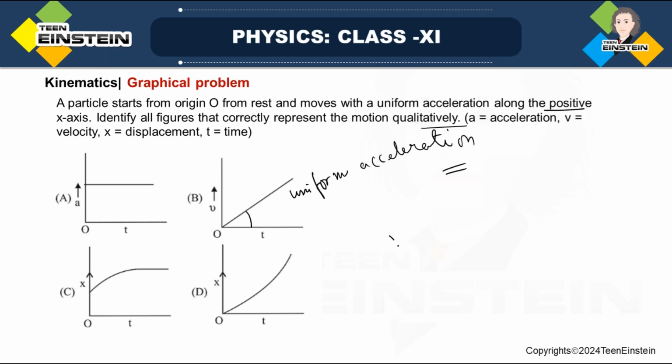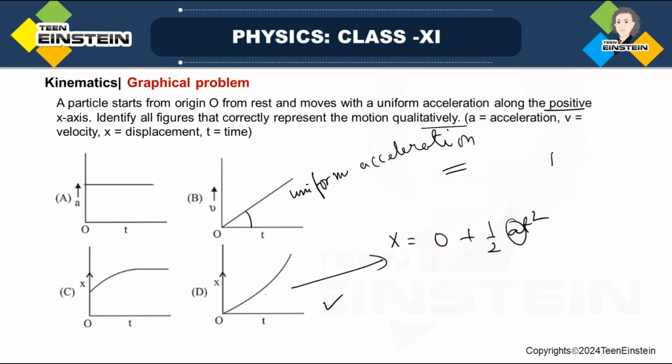Now the x-t curve, we know, starts from rest and origin, so x is equal to 0 plus half a t square. This is also showing constant acceleration or uniform acceleration. So this is also representing the same fact.